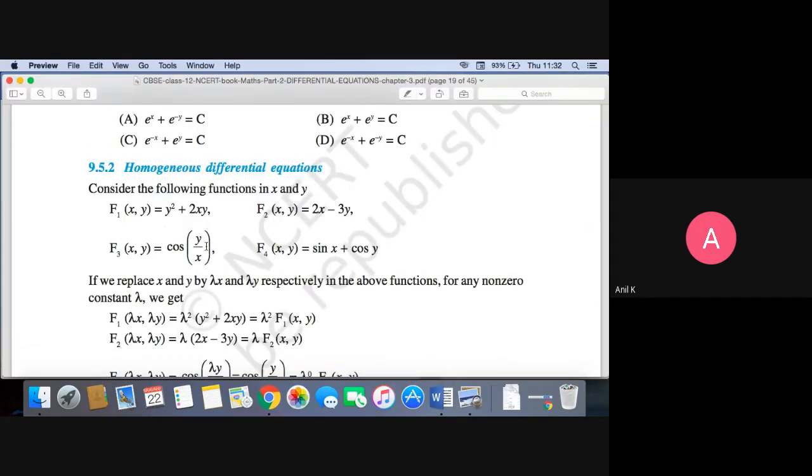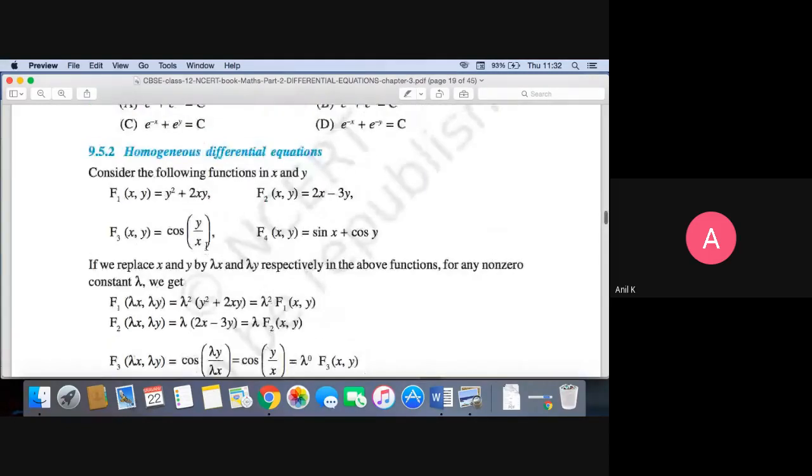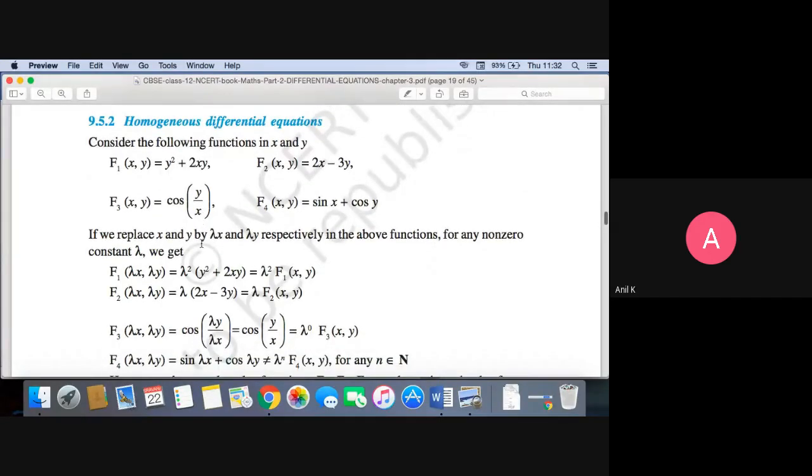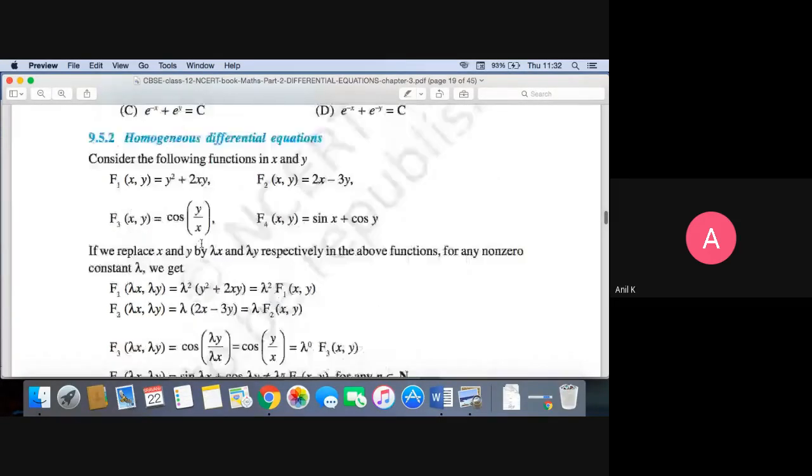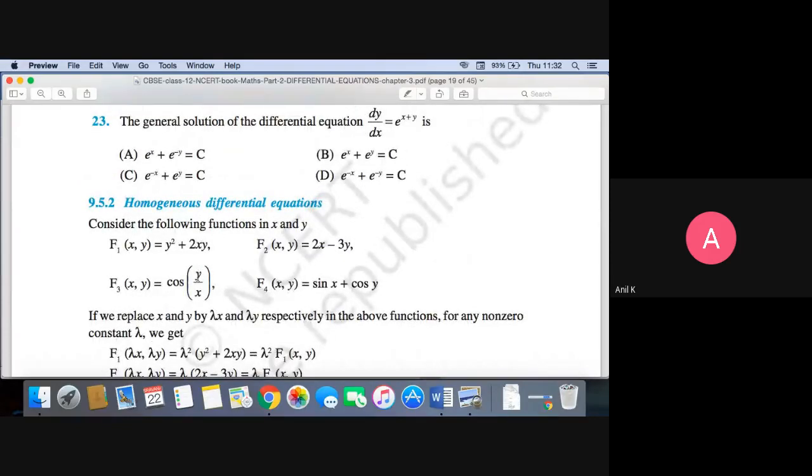So here they have given multiple examples. For example, if I take cos y upon x, can you say it is homogeneous or non-homogeneous? If I substitute lambda y in place of y and lambda x in place of x, both the lambdas will get cancelled. Again, I am left with cos y upon x only. Though there is no lambda outside, you can write lambda to the power of 0.